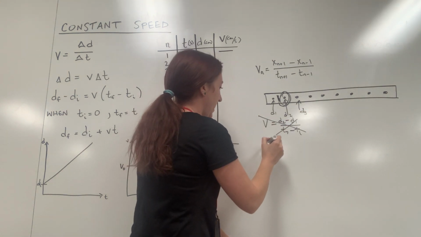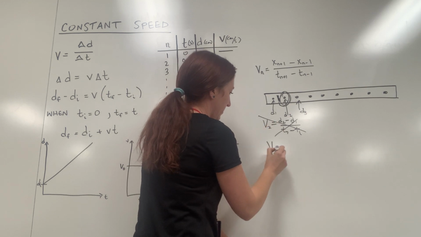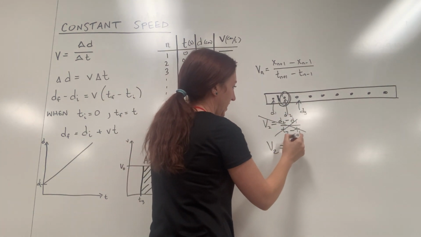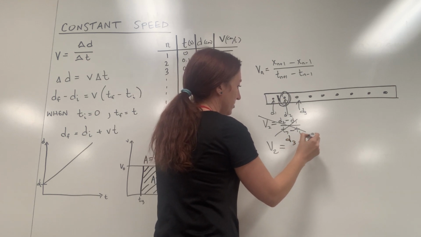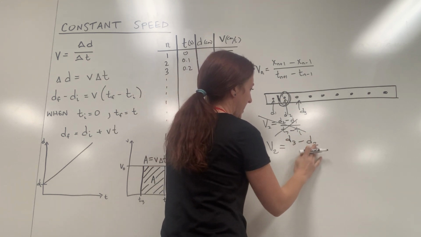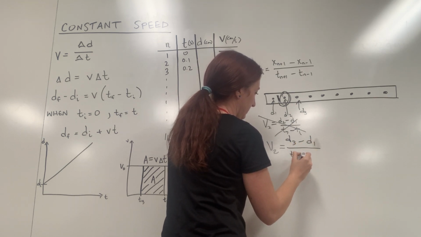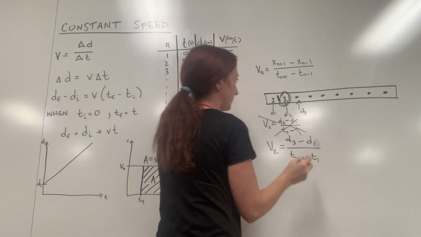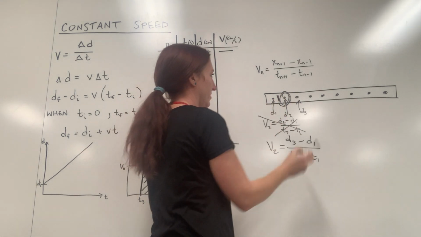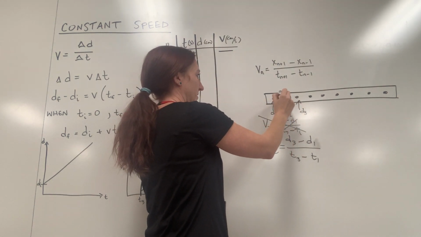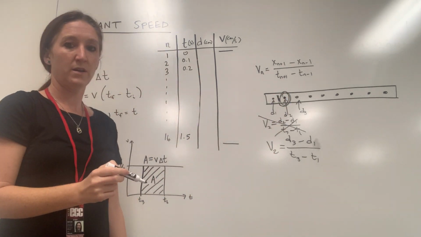Instead, using interval halving to find the velocity at our second point, we're saying if we look at the distance at our third point minus the distance at our first point, so by taking that average, we are actually finding the velocity directly at our second point.